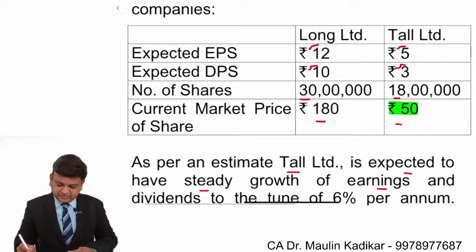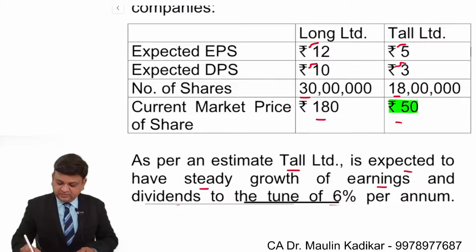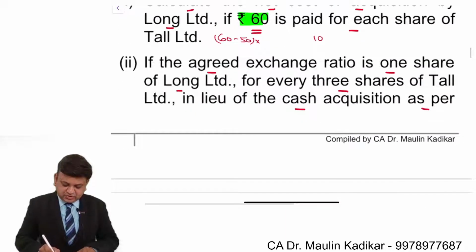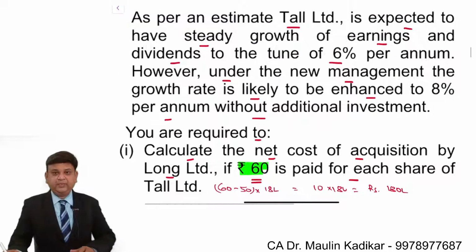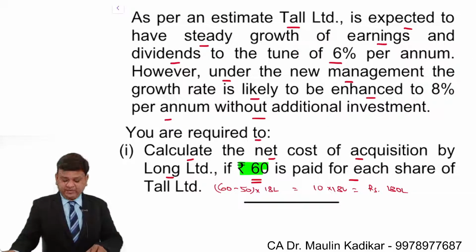What is the number of shares of the target company? We understand it is 18 lakhs. So this 10 into 18 lakhs comes to an amount of rupees 180 lakhs. So 180 lakhs is the answer of the first question.